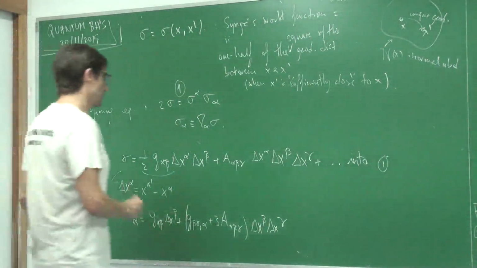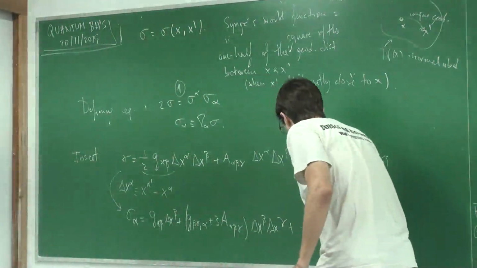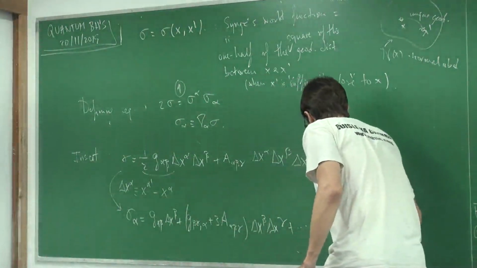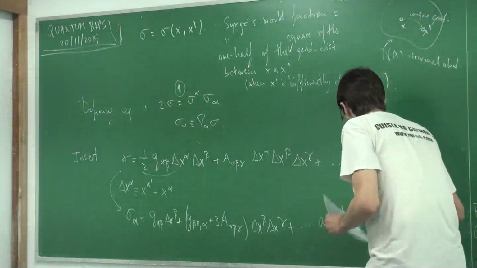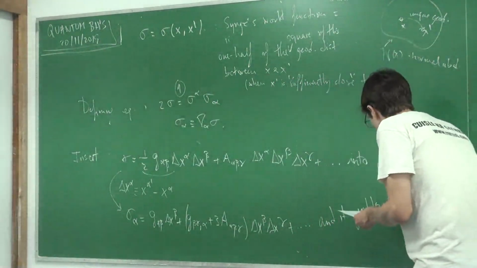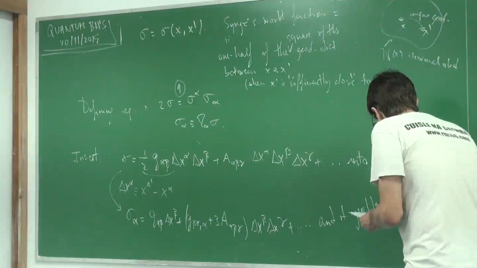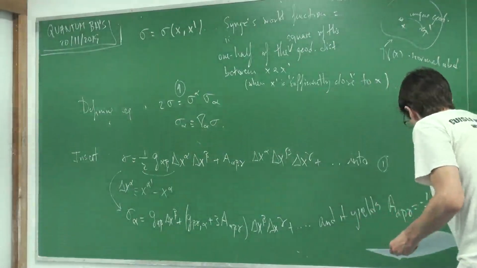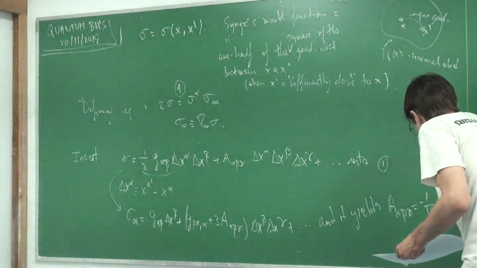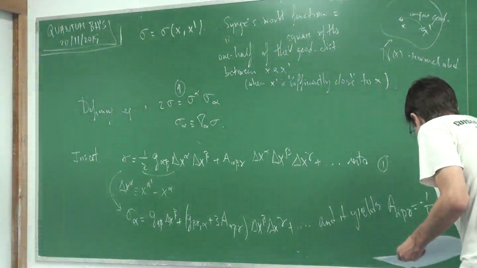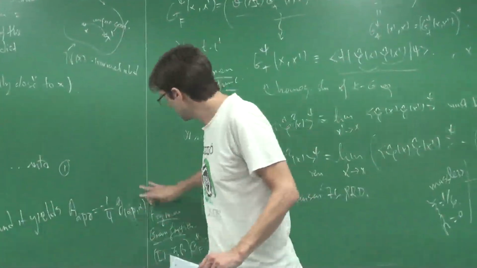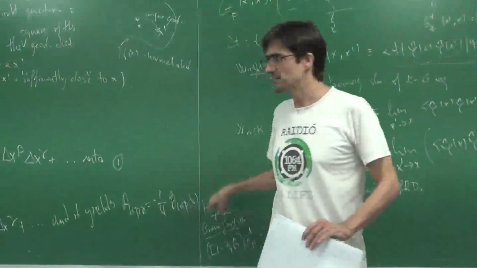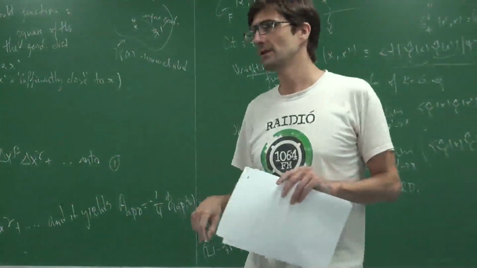And then on higher orders, it yields that A alpha beta gamma is minus 1 for G alpha beta comma gamma, symmetrized over the three indices.